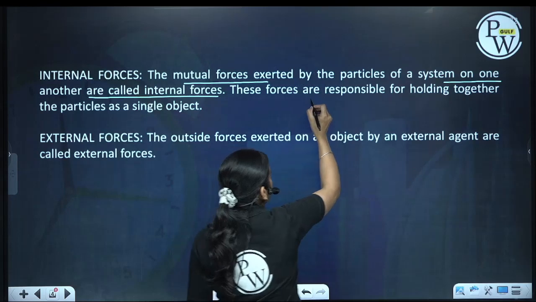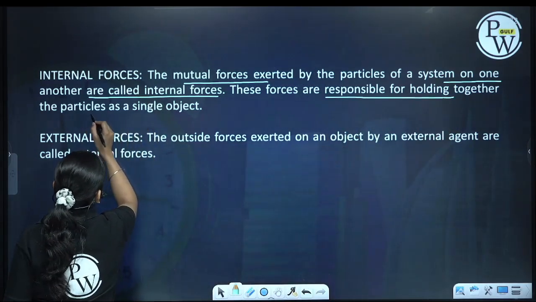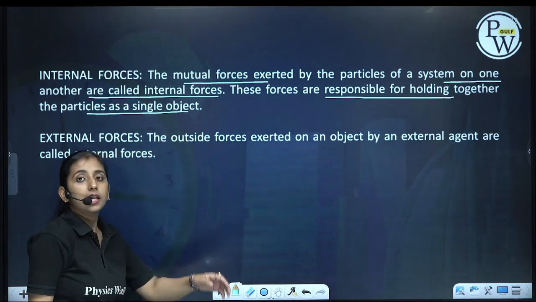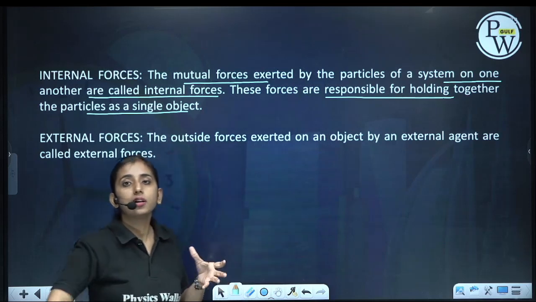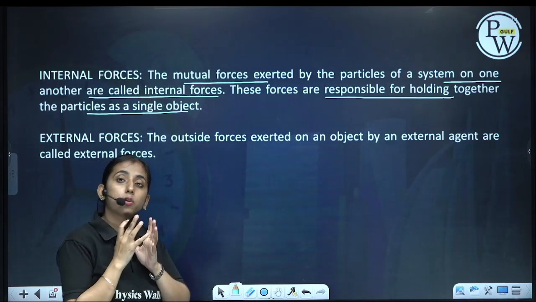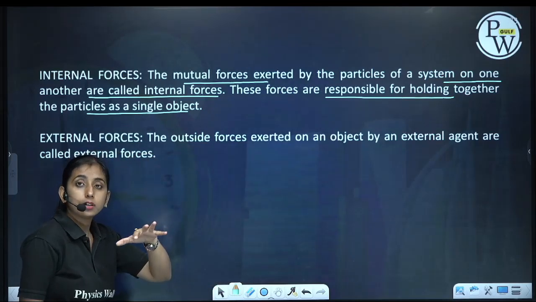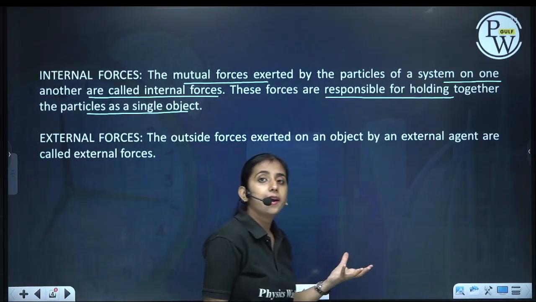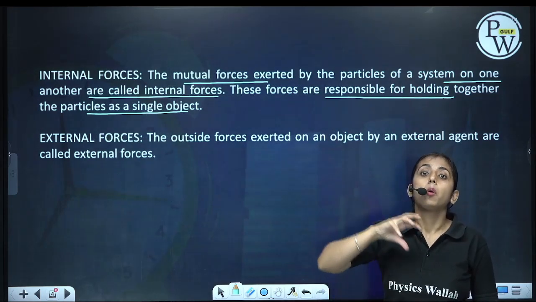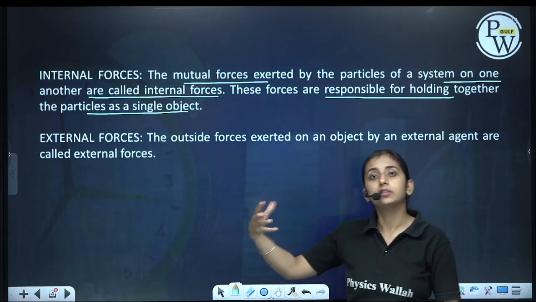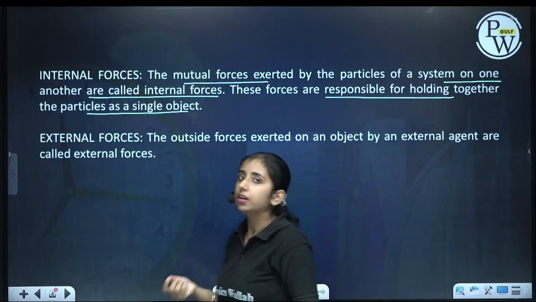So they are responsible for holding together the particles as a single object, okay. They are responsible for maintaining the shape and size of the system, or structure or the object which they are a part of. Clear? So internal forces are exerted by particles of a system on one another. One particle is attracting, or it can repel also, the other particle of the system.